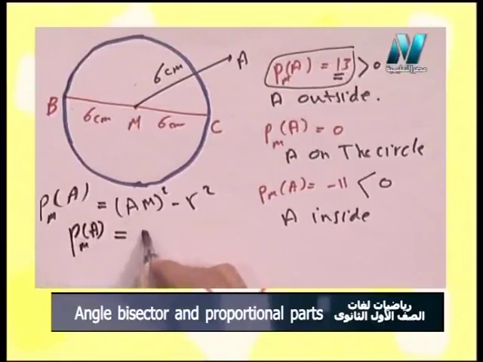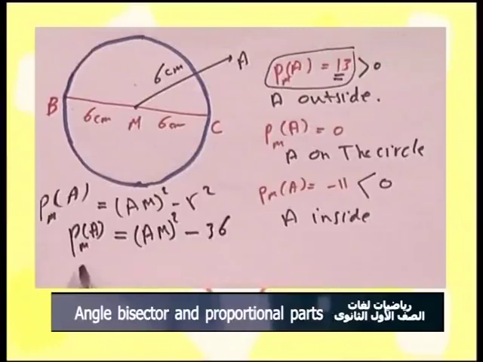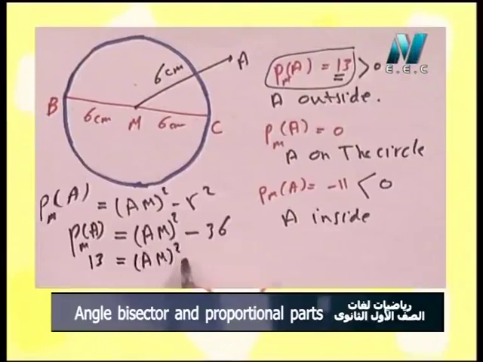AM here we don't know, so it's unknown, but the radius equals 6, so R squared is 36. And we know that the power of the point A equals 13, so 13 equals AM power 2 minus 36.